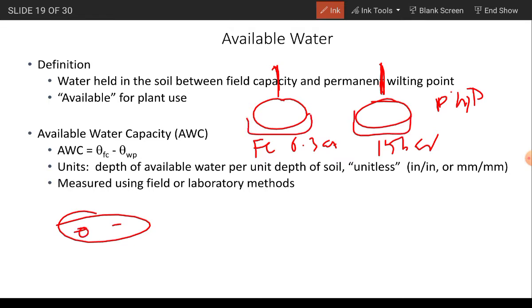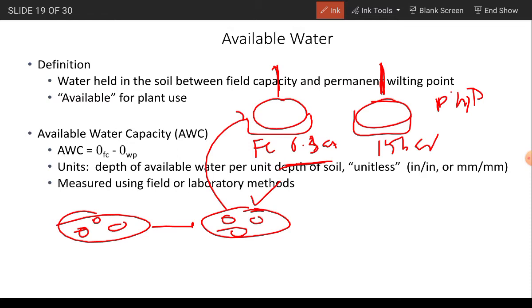After saturation, the porous plate has to be kept inside a pressure chamber. Then we create the required pressure, 0.3 atm for field capacity, or 15 bar for measuring the permanent wilting point.